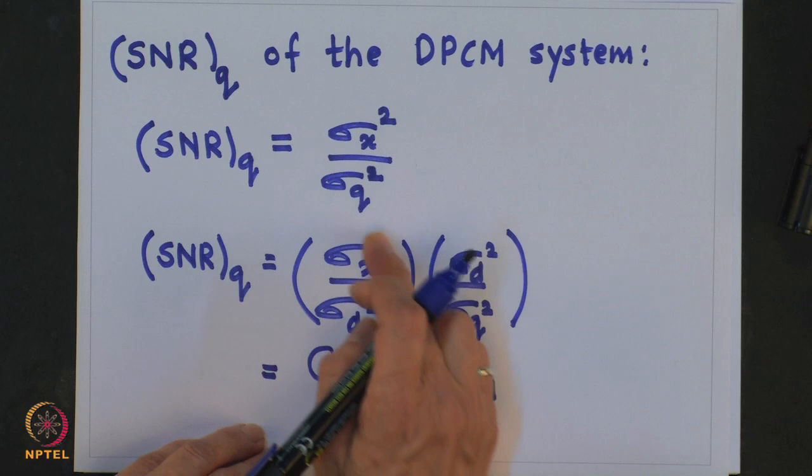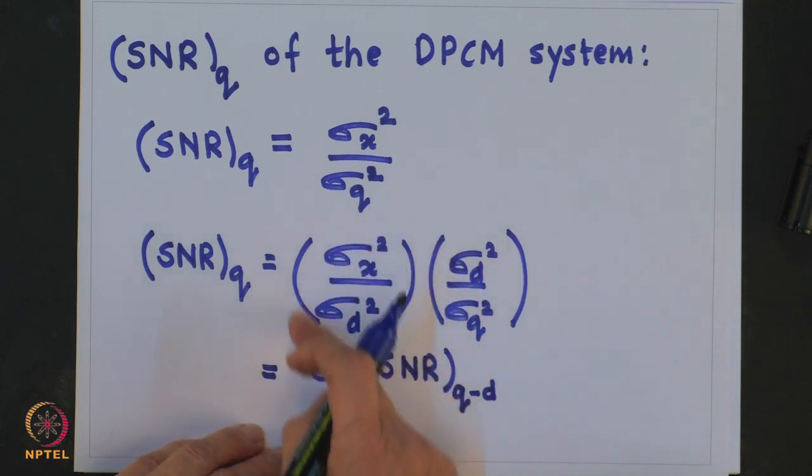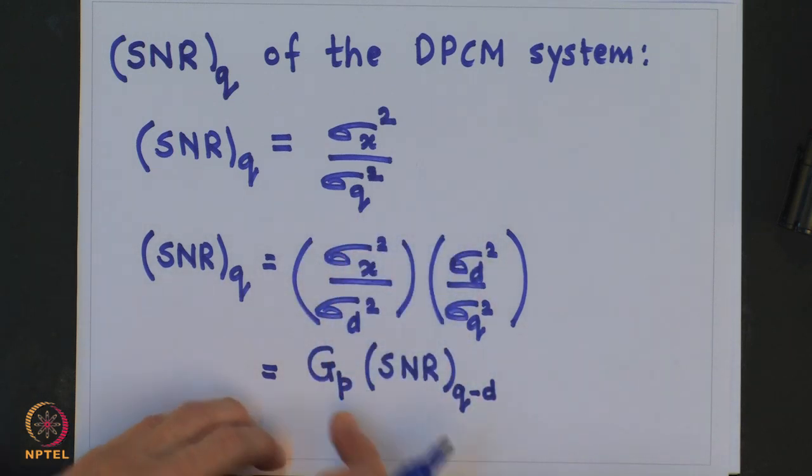That means your design of a prediction filter is to maximize this ratio. We have seen that DPCM consists of two blocks. One is basically the quantizer block and the other is the predictor block. Now, we know that the quantization noise in the DPCM system is dictated by the quantization noise of the difference sequence.